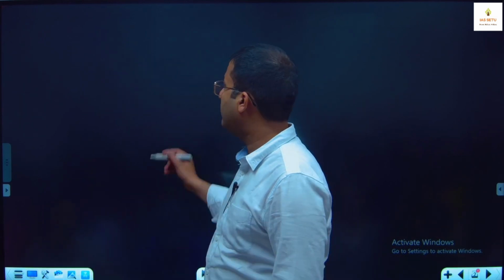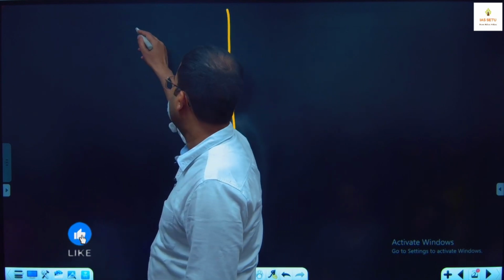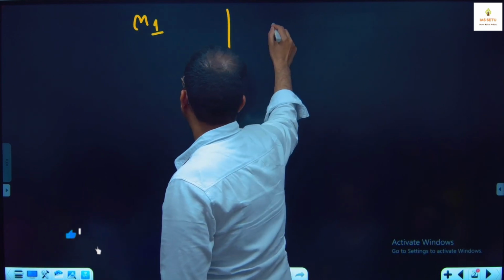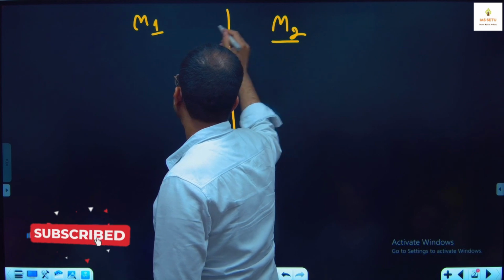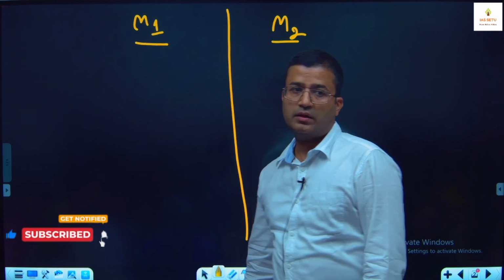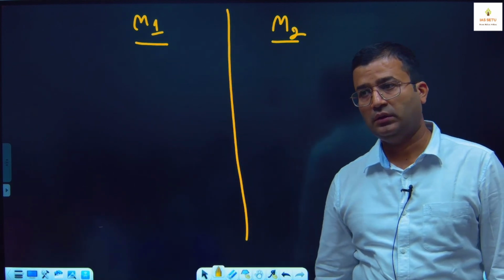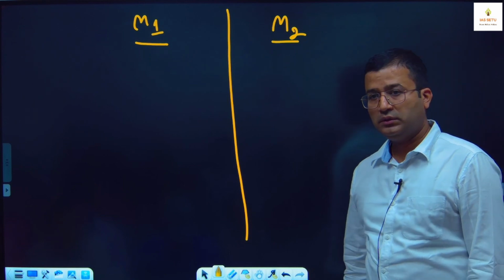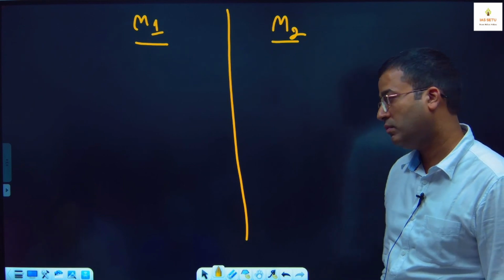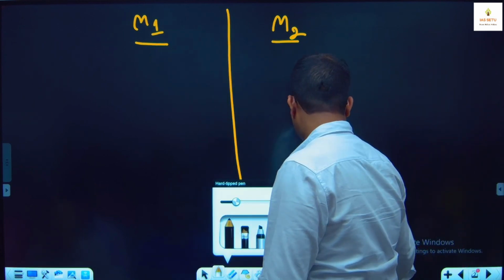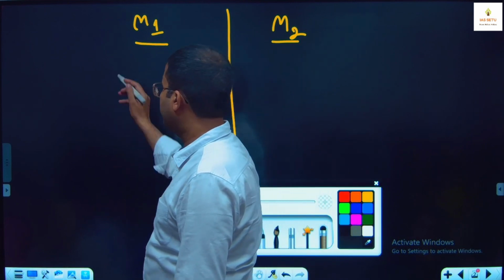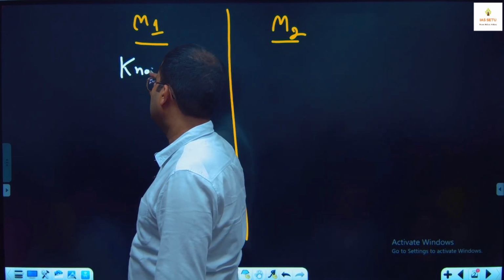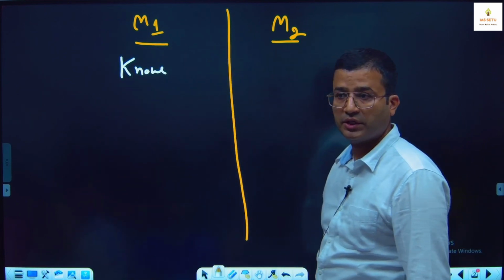Now here I have two methods. I will teach only one method. That you have to decide. Method 1 we already know. Even category 1 also.